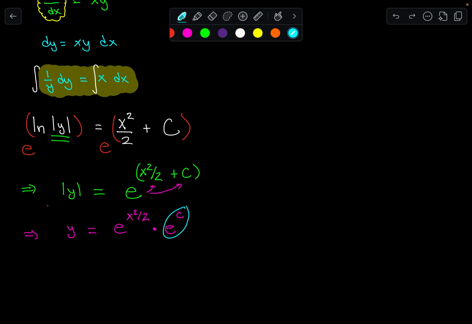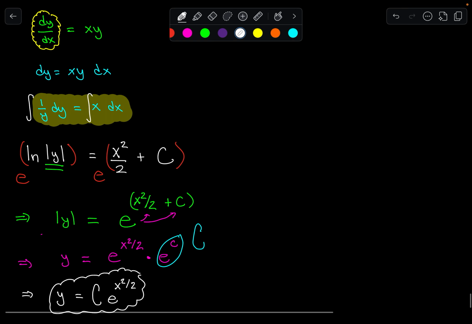I'm going to call it bigger c. And so we get to our final answer, our final general solution anyways, is going to be c e raised to the x squared over 2. And we're going to be content with this as a solution.